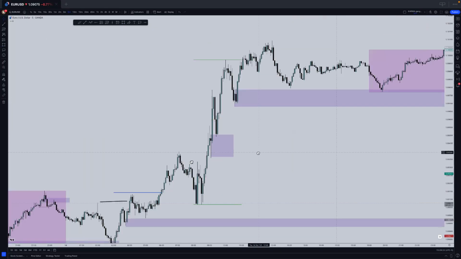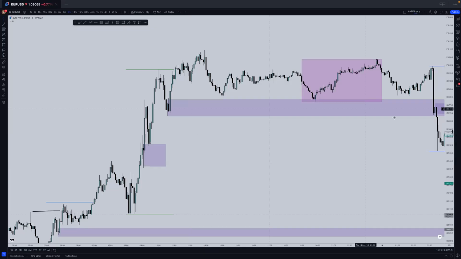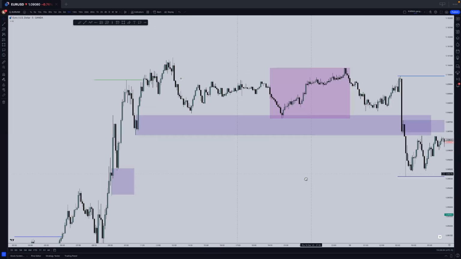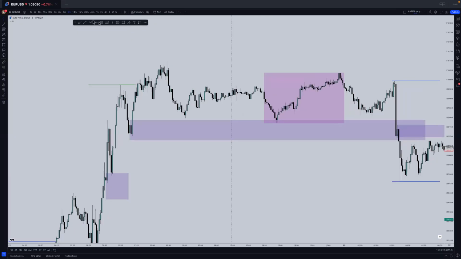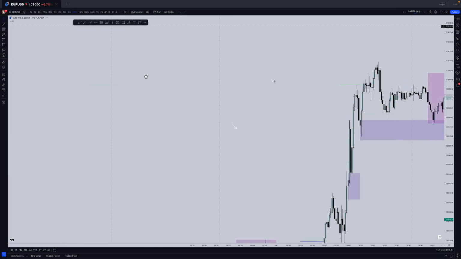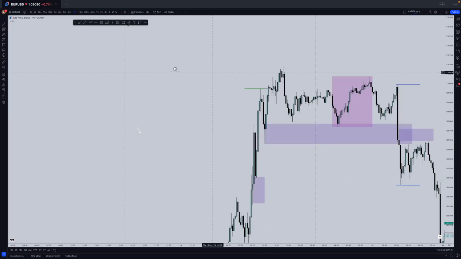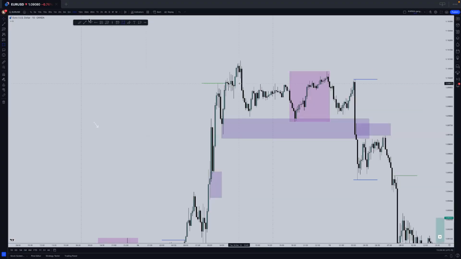So now let's keep going. Market took care of this external liquidity right here. Indecision candle. Entry.